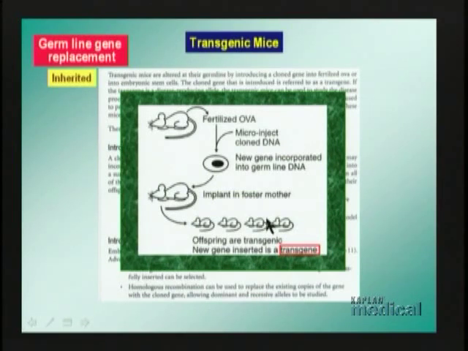What would happen to the transgene? Would it be inherited or not? Well, the answer is when these progeny with the transgene in them interbreed, the transgene would be inherited. Why? Because the gene was inserted way back over here in the ova, in the germline. So the transgene is indeed inherited.